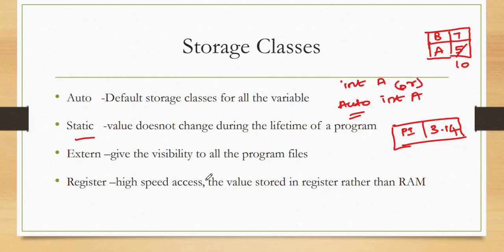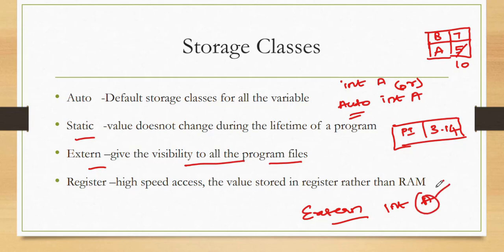The next one is extern. Extern means give the visibility to all the program files. If you declare the keyword extern before the data type, for example extern integer a, then a is visible to all the files outside; outside classes are able to access the variable a.